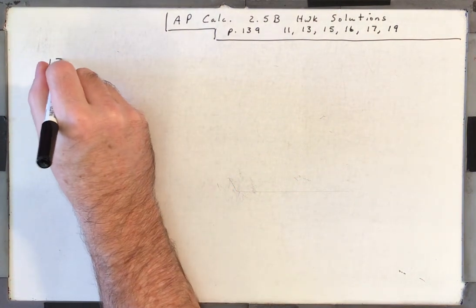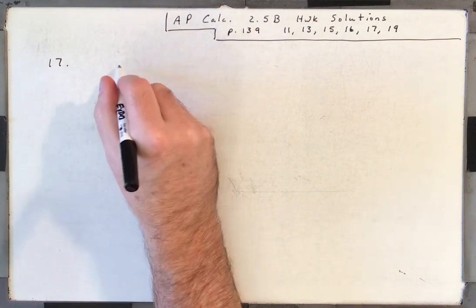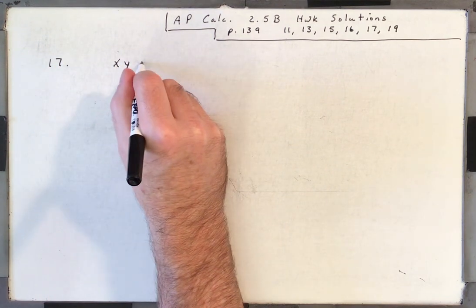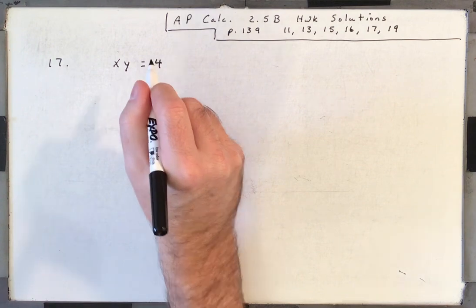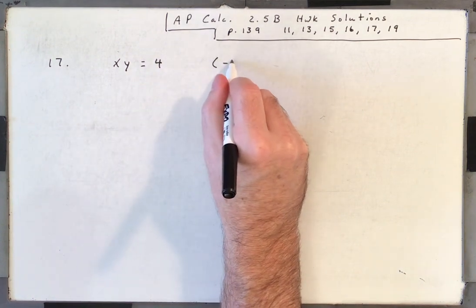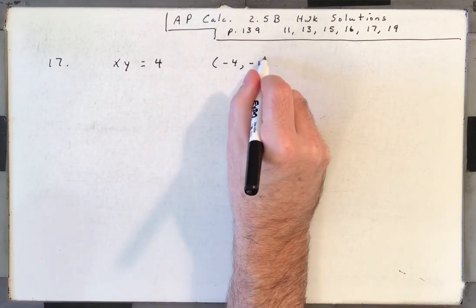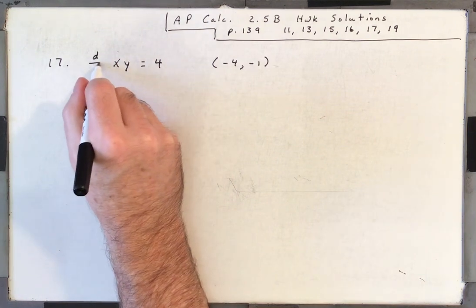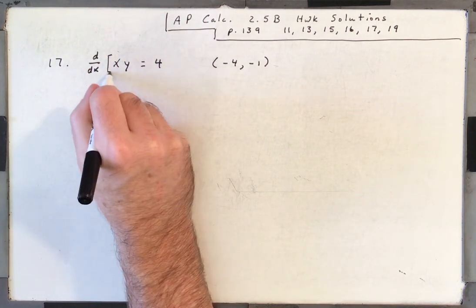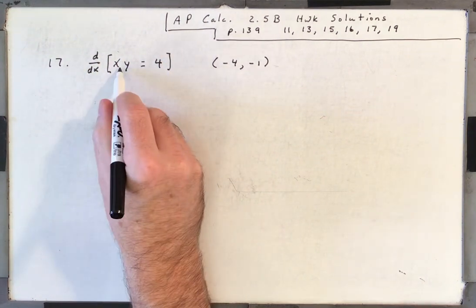Right, 17, we have xy equals 4, and we're evaluating that at (-4, -1). So let's take the derivative with respect to x of that. So we've got a product rule.